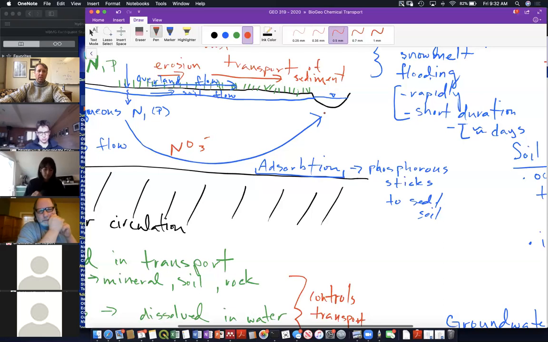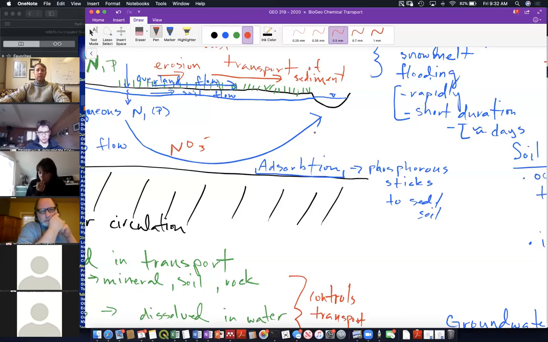The flip side of that is once it shows up, even if I make changes in my practice up here, that will take another 100 years for me to see changes in water quality.